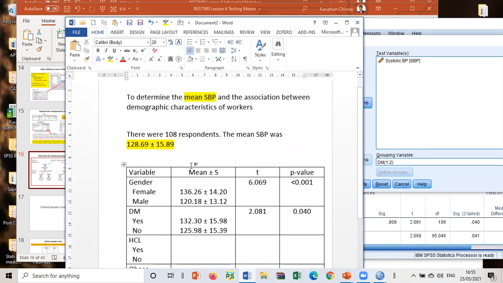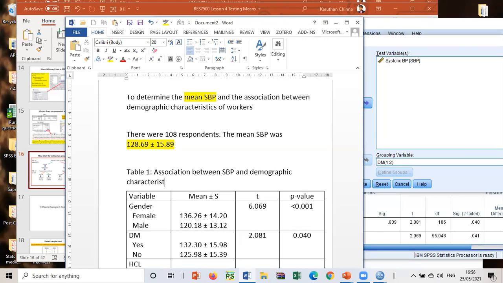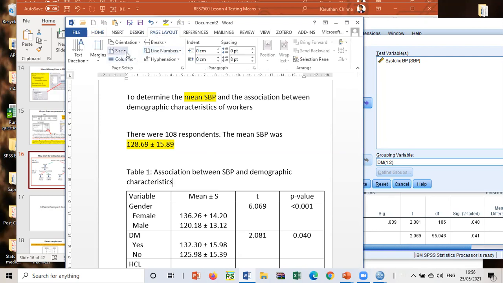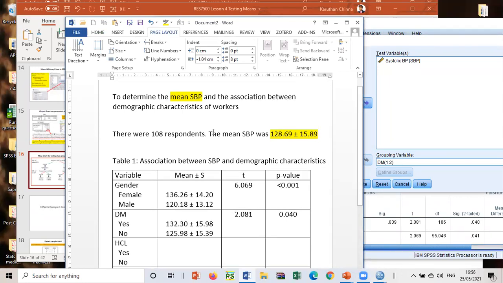This table, what's the heading? Let's say table 1. Right.